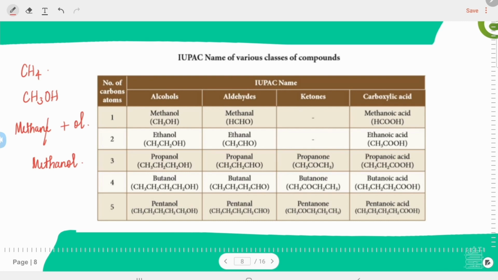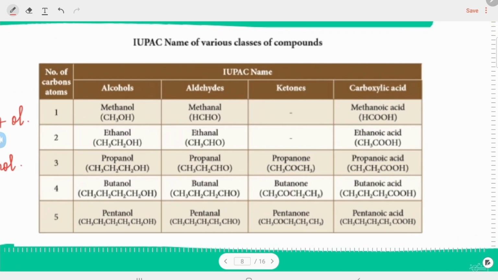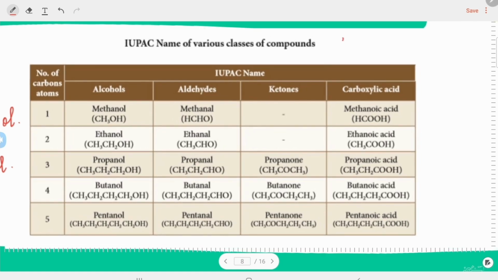And if we see, methane and ethane do not have a ketone. Why is that so? If we take methane, it is CH4. Methane has only one carbon, but according to ketone, we should have a C double bond O. Therefore, there is no other carbon to bond with this. Therefore, methane cannot form a ketone.